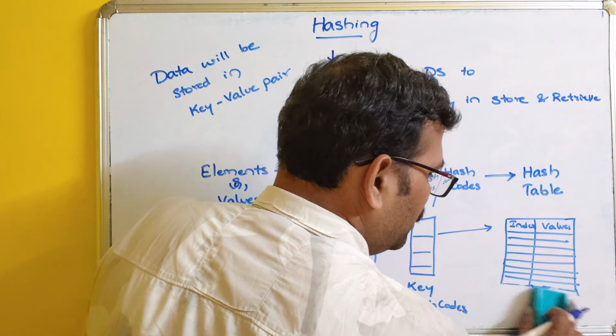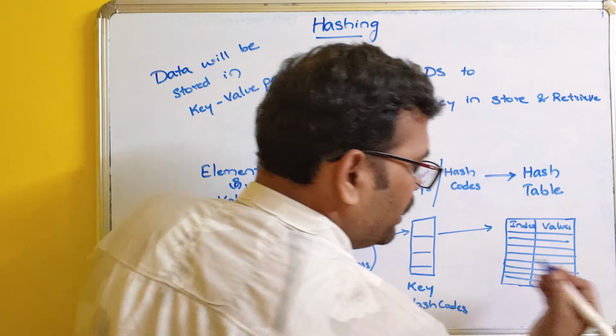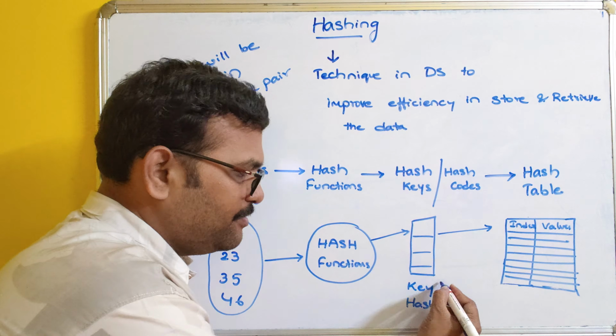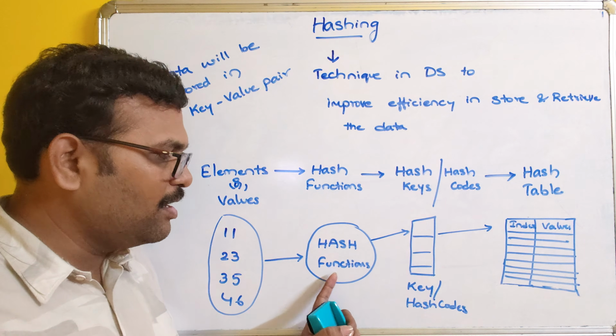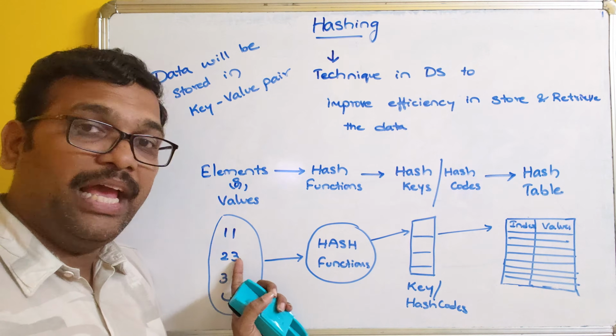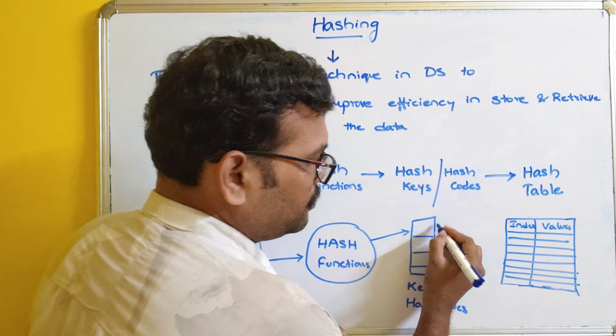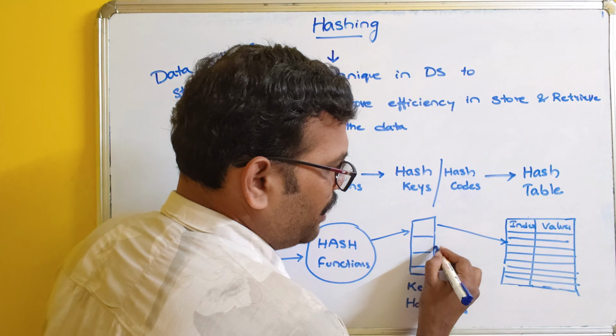The hash values or hash keys, which are generated after applying the hash functions on the elements, will be producing the values here.